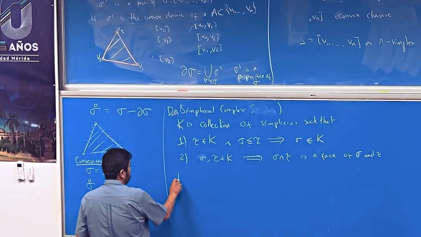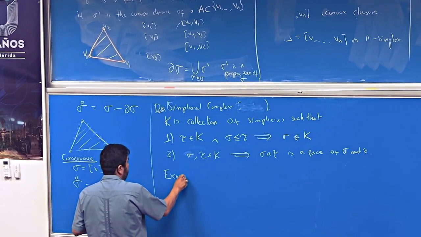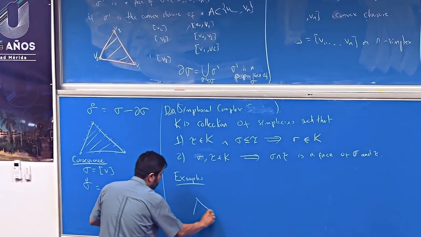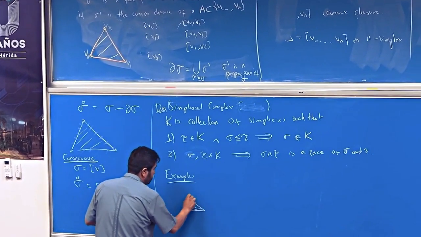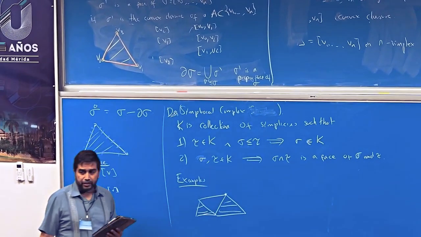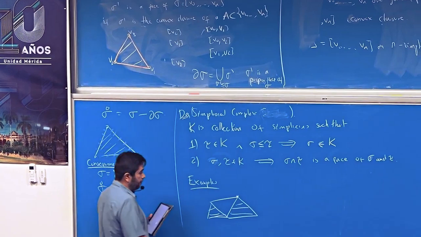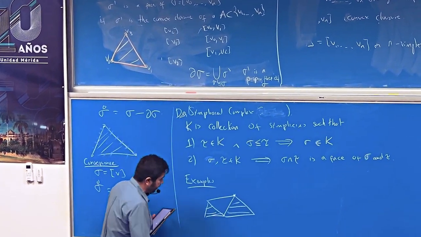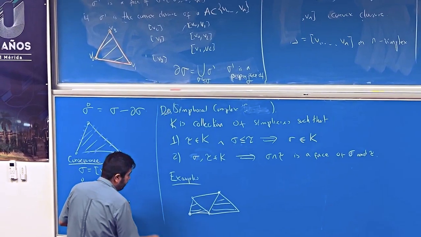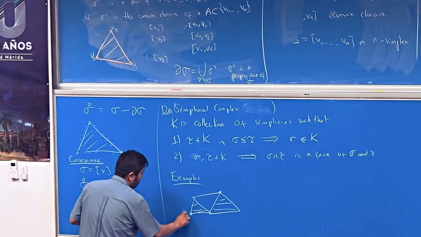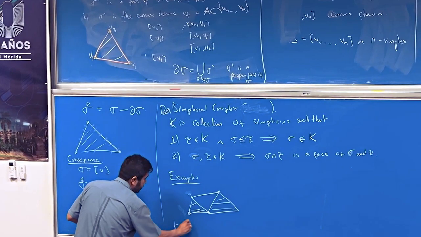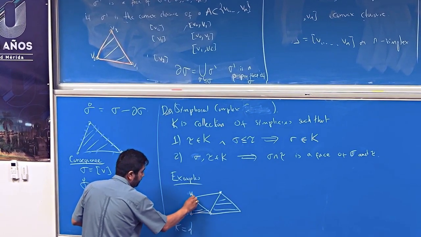So examples of things that are simplicial complexes is just take random triangles and edges and other triangles. This is a simplicial complex, right? But when you draw something like this, you're thinking that the simplicial complex that you are drawing here is, if you call these vertices B1, B2, you are considering the collection of vertices.